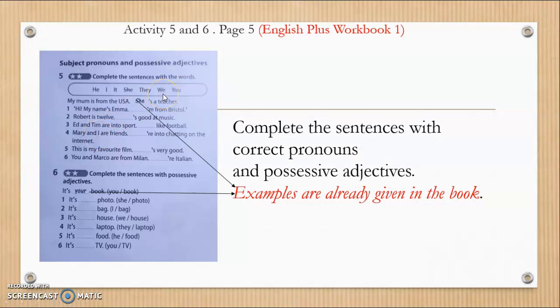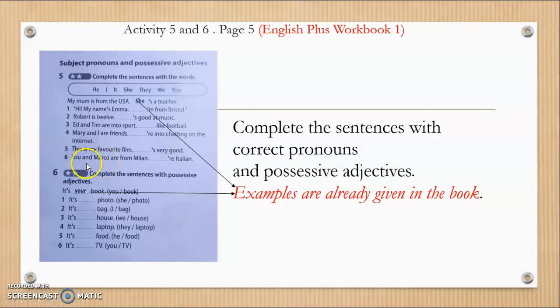So look at number 5. This is my favorite film. Film is an object. It's not a person, it's an object. So we refer to film as it. And then number 6, we have you and Marco.